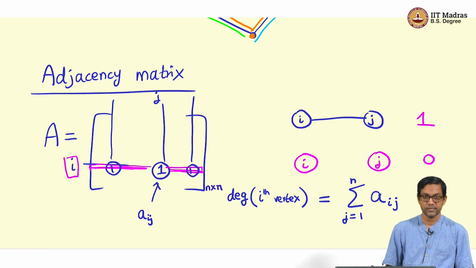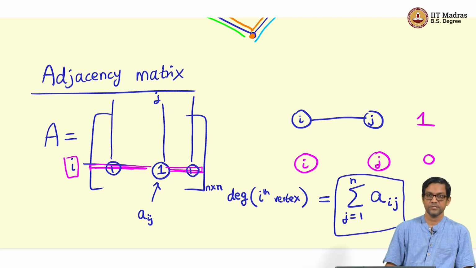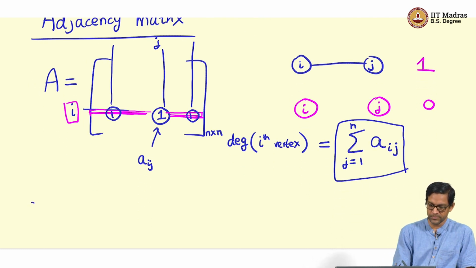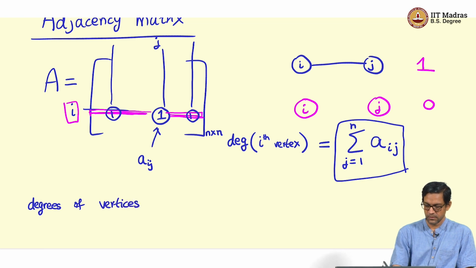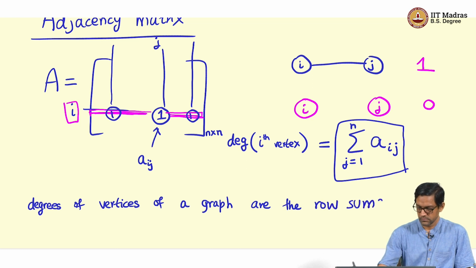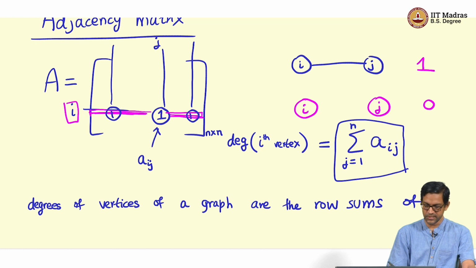So, the adjacency matrix is some n cross n matrix, and all we are doing is just taking the sum of the entries in the ith row. So, these are the row sums, if you wish. So, that is the next little observation here. The degrees of the various vertices of a graph are just obtainable as the row sums of its adjacency matrix.